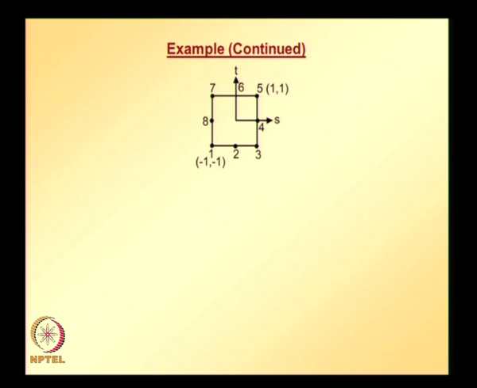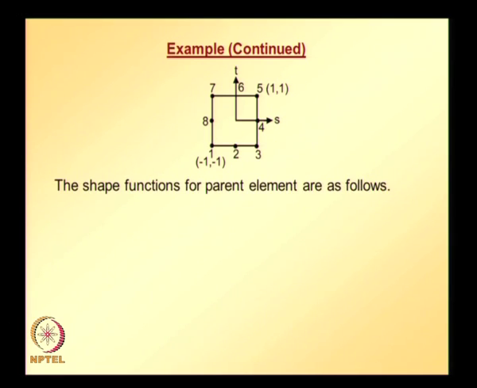So, we need to know what are the shape functions for the 8 node parent element. Shape function expressions we need to know, and how can we get this? You just go back to the table where shape functions for 4 to 9 node elements are given.